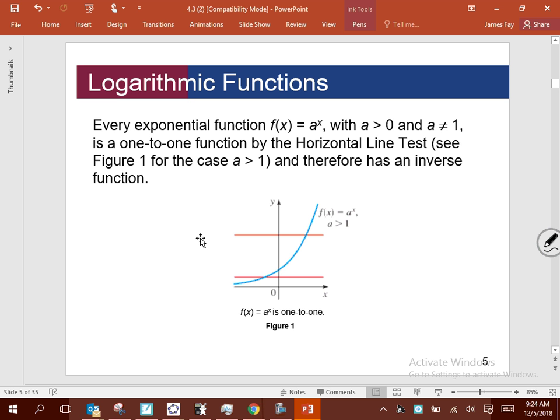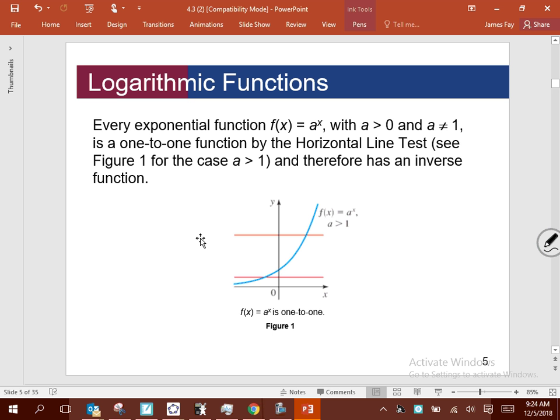If that function is 1 to 1, then it also passes the horizontal line test, which is a way of checking to see if every single y value has one and only one x value. If every single y value has one and only one x value, then when we reflect that over the line y equals x, we get a curve that is also a function, that passes the vertical line test.